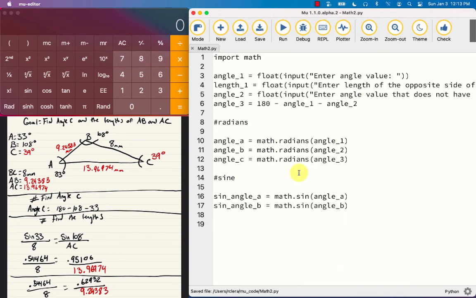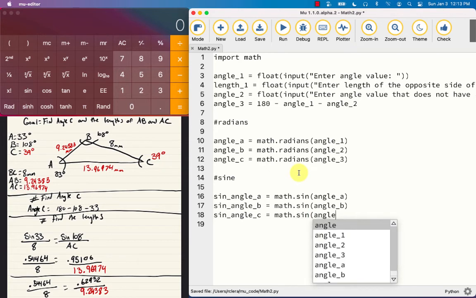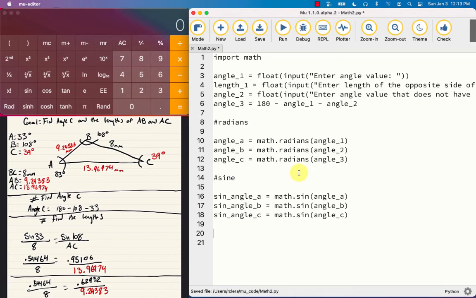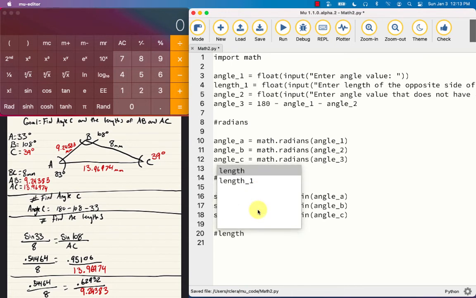All right, sine_angle_C equals math.sine angle C, and that gives us the sine. So now we have the sine. So now we want to find the lengths, right?